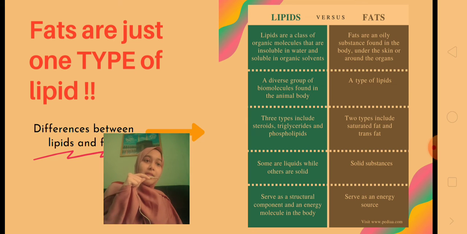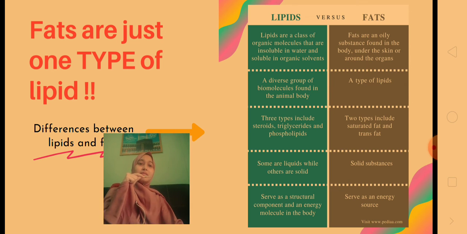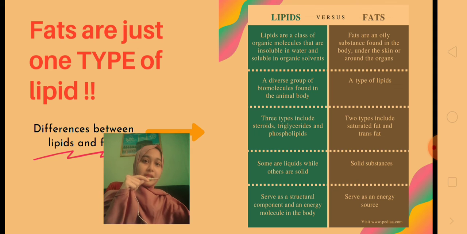Meanwhile, fat has two types, including saturated fat and trans fat. So there are many differences between lipid and fats, as you can see in this table, and you can read it too.